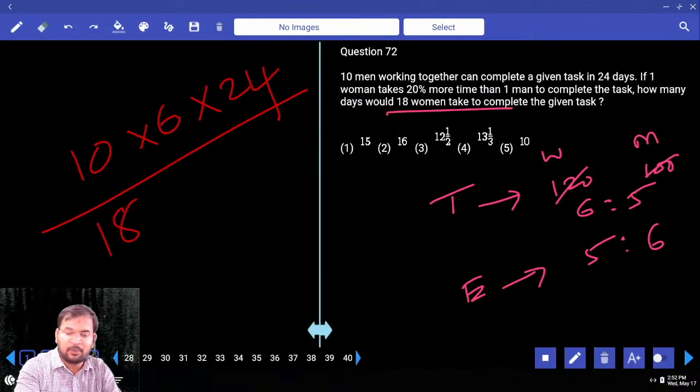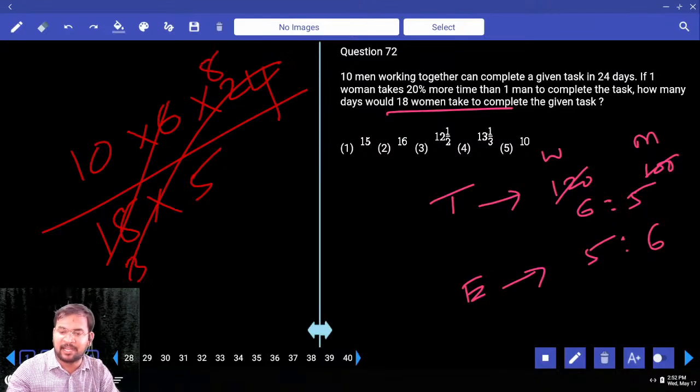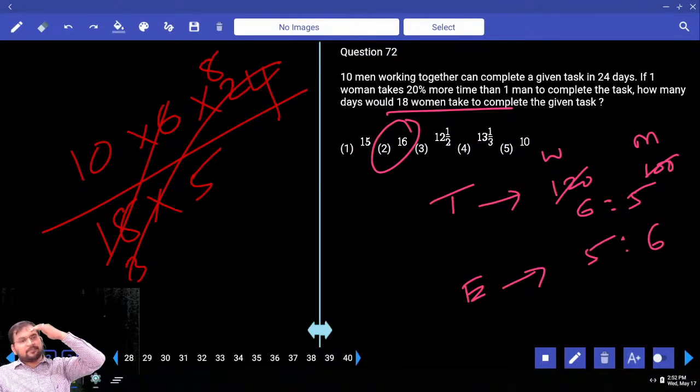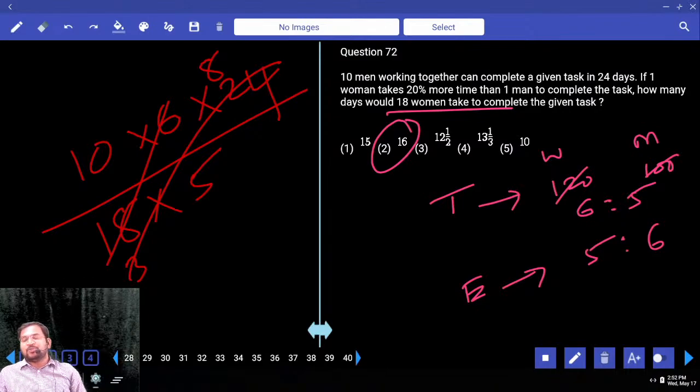One woman's efficiency is 5. 80 by 5, how much is that? I already told you, number of days and efficiency are always inversely proportional to each other. Are you clear? The times ratio they given, I convert it into efficiency ratio.